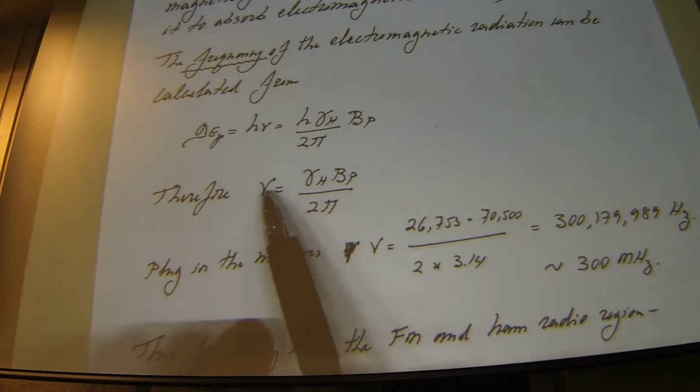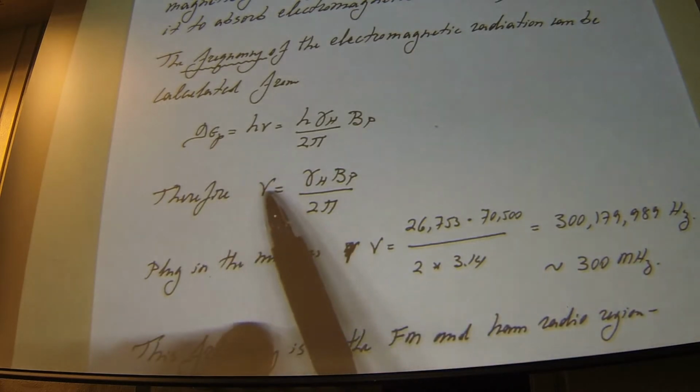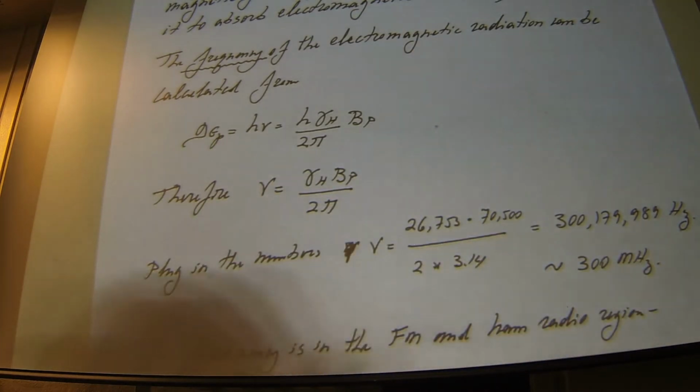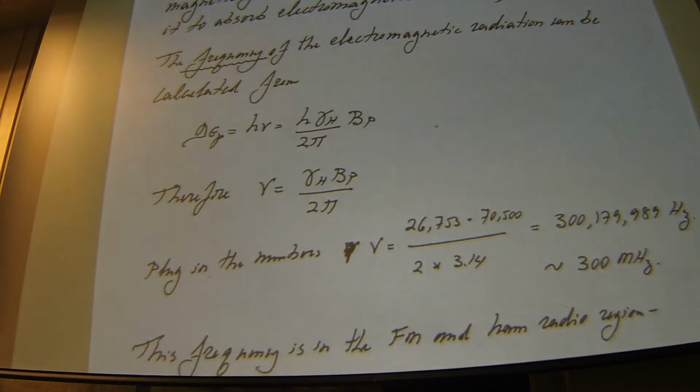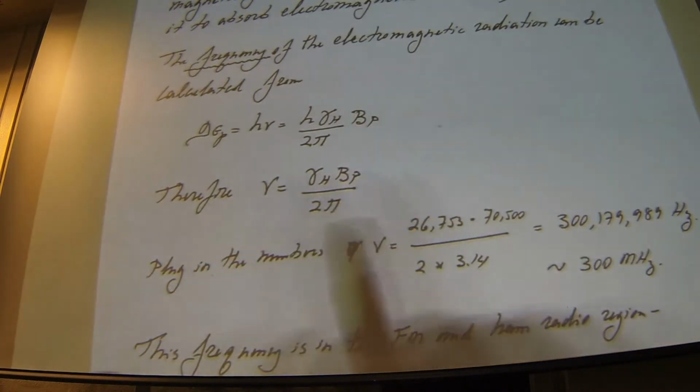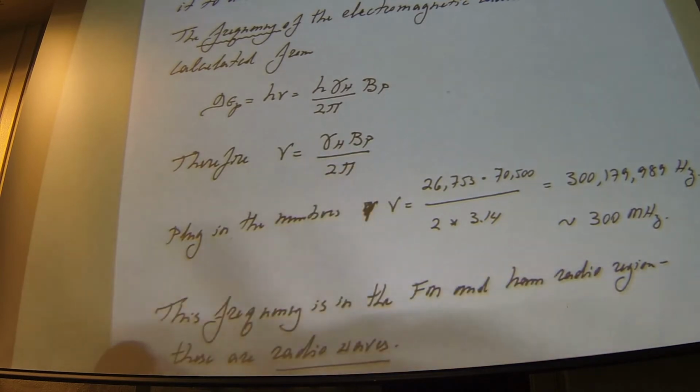And you'll notice that once again, frequency, not surprising because frequency is proportional to energy, frequency is also proportional to the magnetic field. So the frequency of the radiation that's absorbed by the plus 1/2 nuclei to undergo spin flip is going to be proportional to the applied magnetic field. So that's what this equation tells you.